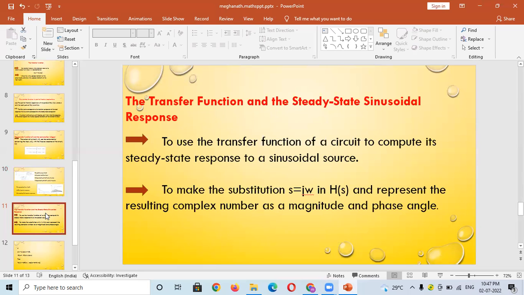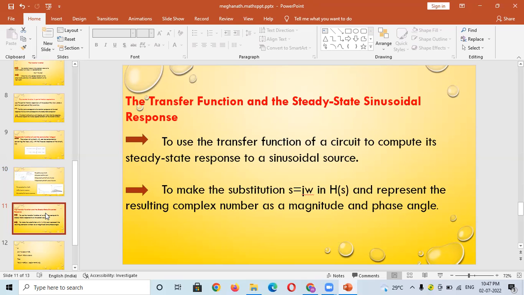So briefly, this slide represents the transfer function and steady state sinusoidal response. This response is observed by the Laplace transform in the circuit.